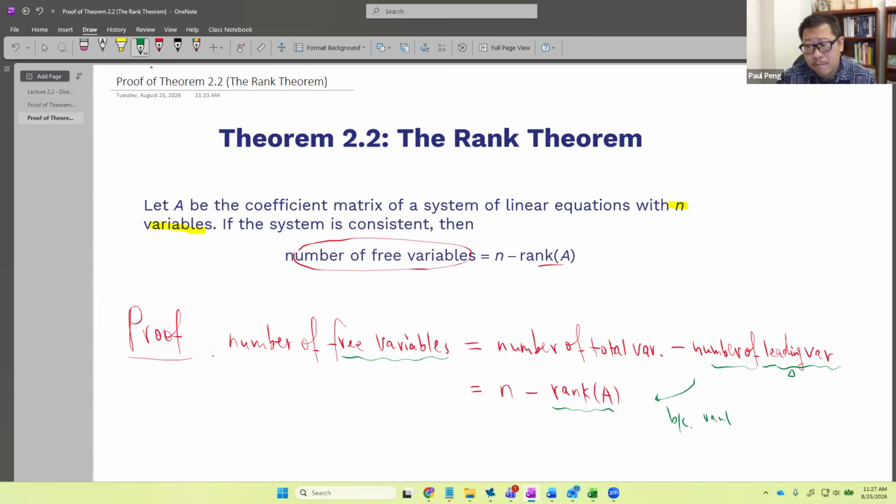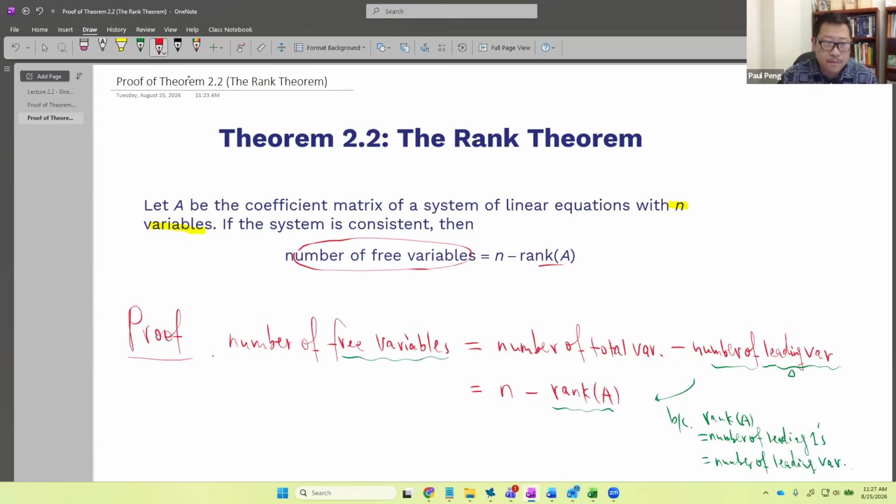The rank of a matrix equals the number of leading ones, and the number of leading ones is the same as the number of leading variables.